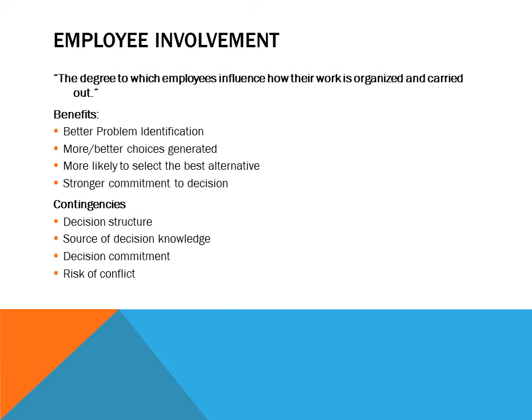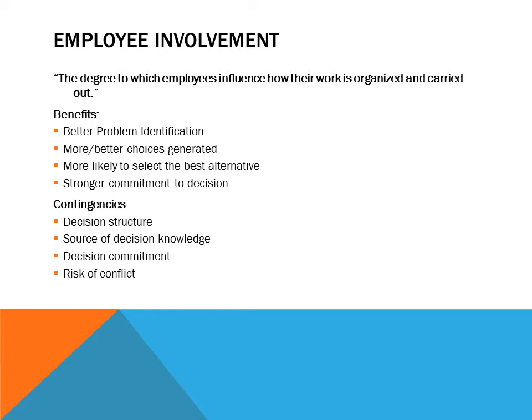Now, success of employee involvement is contingent on a few factors. The first being the decision structure. The decision must involve a novel or complex problem or opportunity for the benefit of employee involvement to increase.